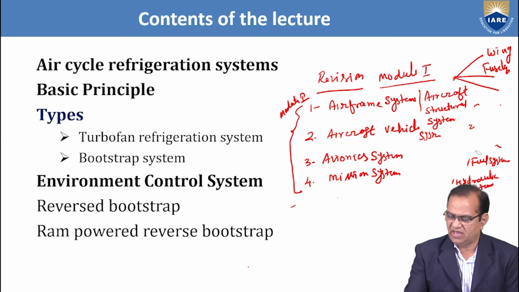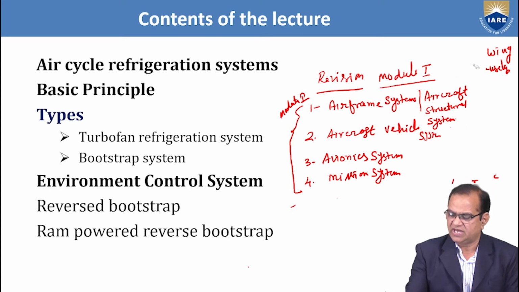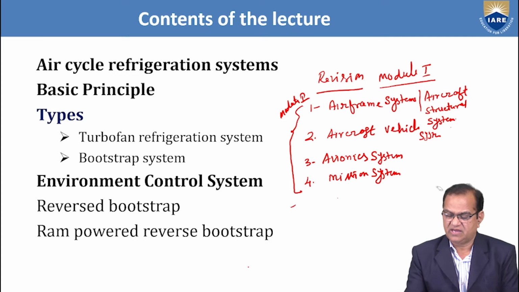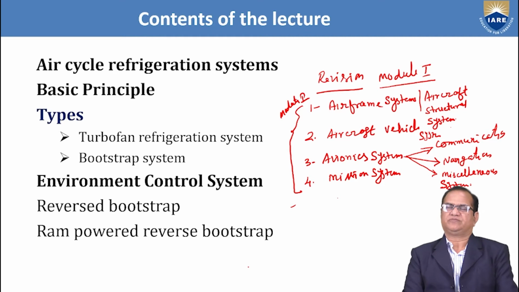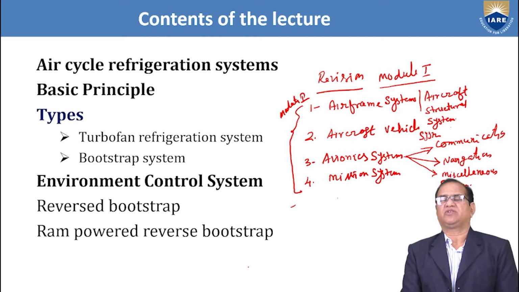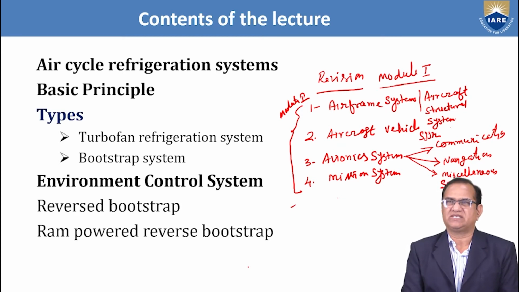As per the requirement of the system, it will move for different systems. Now if I talk about the avionics system, this avionics system has the main things: communication, navigation, and third, some miscellaneous systems. These avionics systems are used to communicate from pilot to ATC, and from ATC to the pilot.